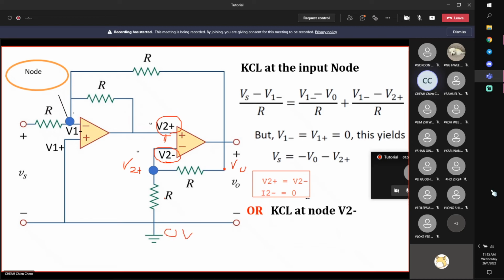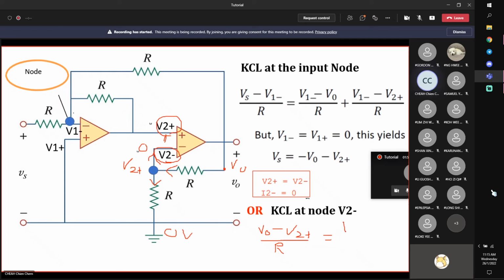Okay, if you apply KCL at this node, then if I call this inflow, this is basically equal to V0 minus V2 plus divided by R. Right, inflow. Now this is 0. This is 0, so no current can flow through it. So the only way out is this one. This is my outflow.